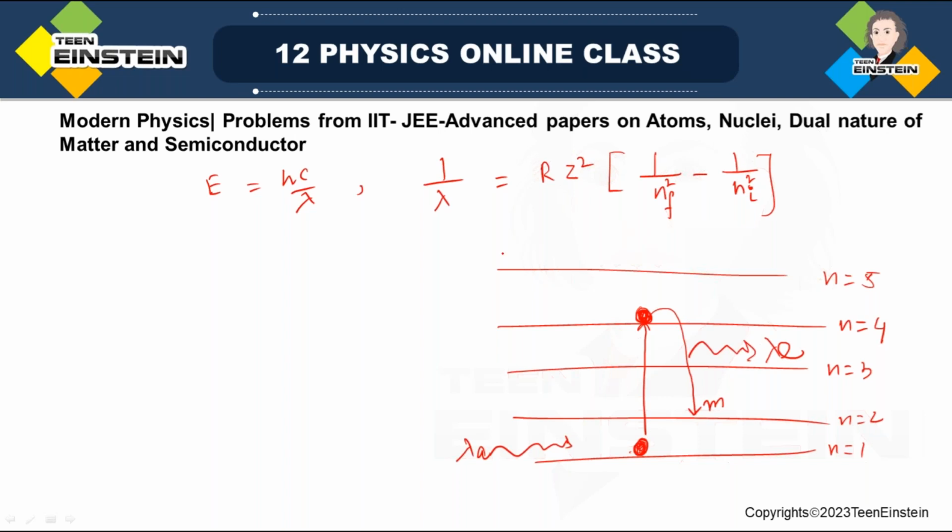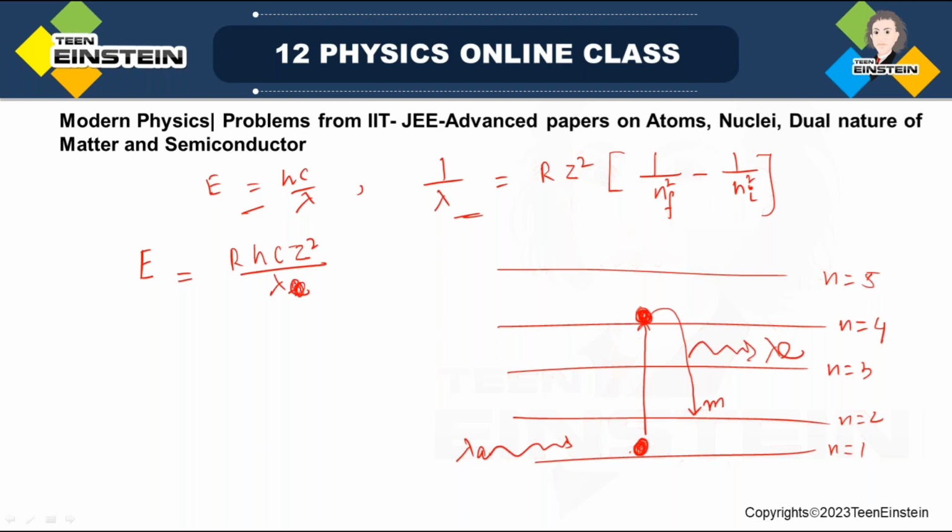So we can see what we can write is, if we just compare these two equations, then we can write E is equal to R H C Z square by lambda e, or lambda a.